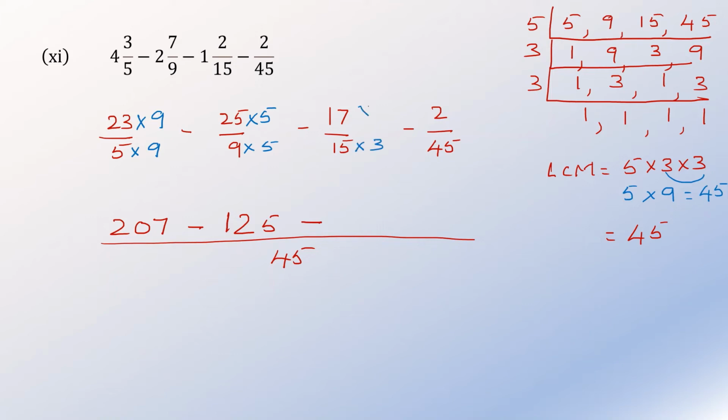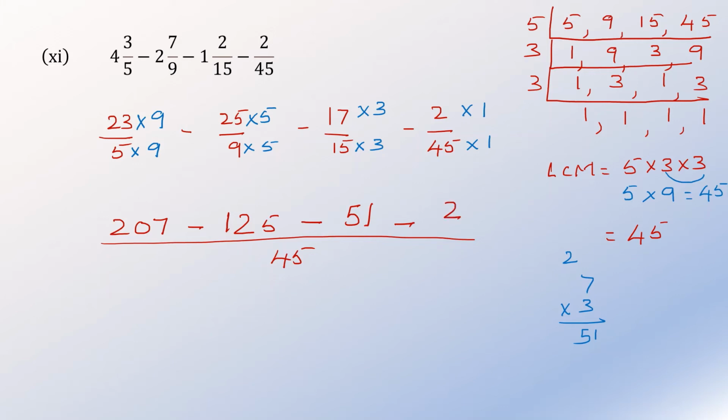So I multiply 17 by 3. 17 into 3. 3 sevens are 21, carry 2. 3 ones are 3, 4, 5. So I get 51 minus the last one, 45 into 1. So 2 into 1. 2 ones are 2.